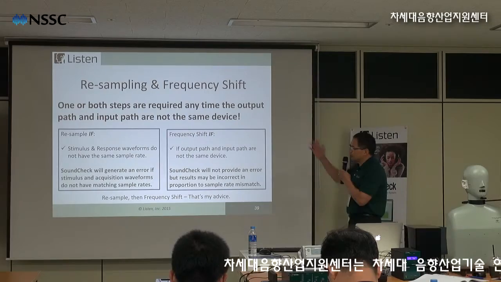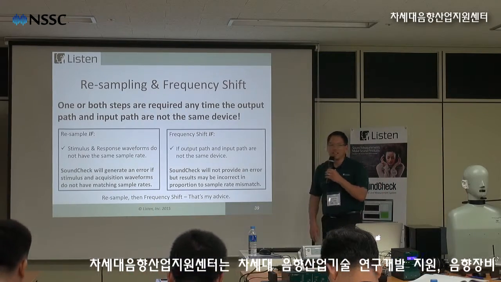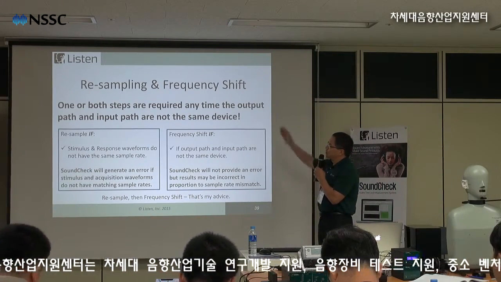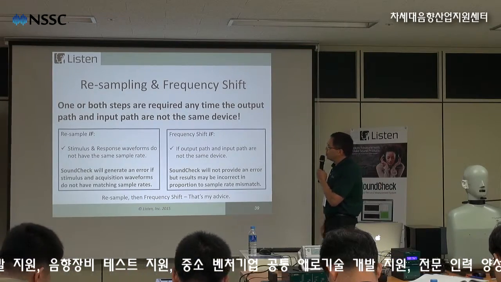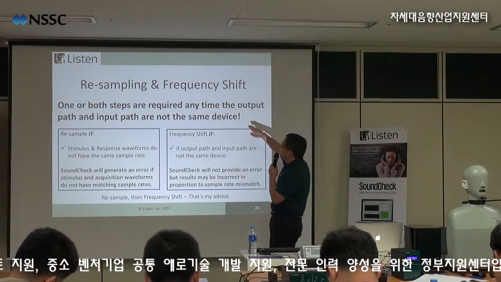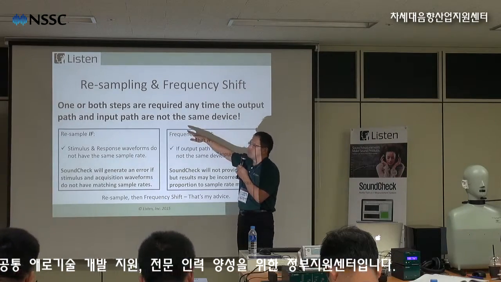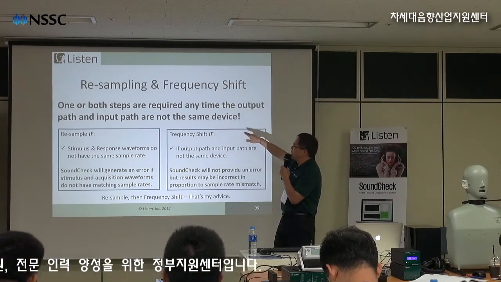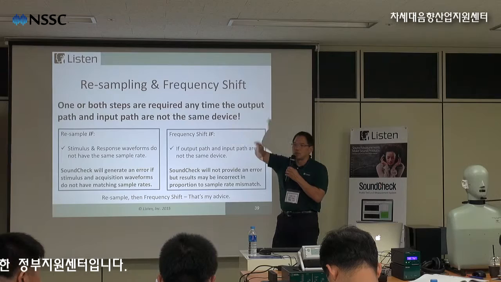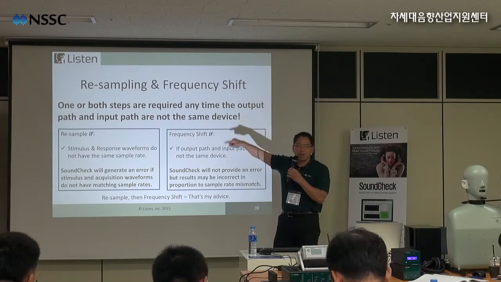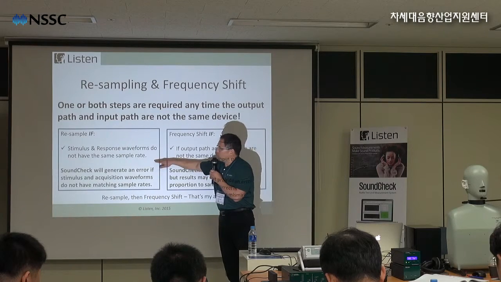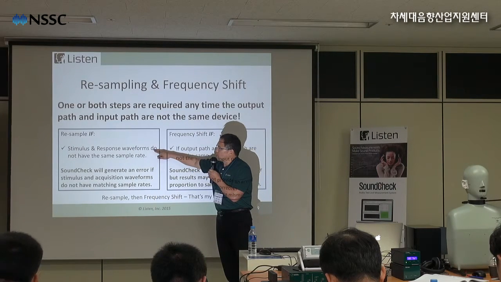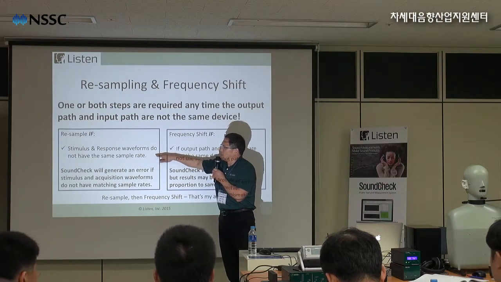So just kind of beat it to death. Resampling and frequency shift are required anytime the output and input are not in the same device, meaning there's no closed loop, if it's open loop. Definitely resample when the wave response and stimulus don't have the same sample rate.